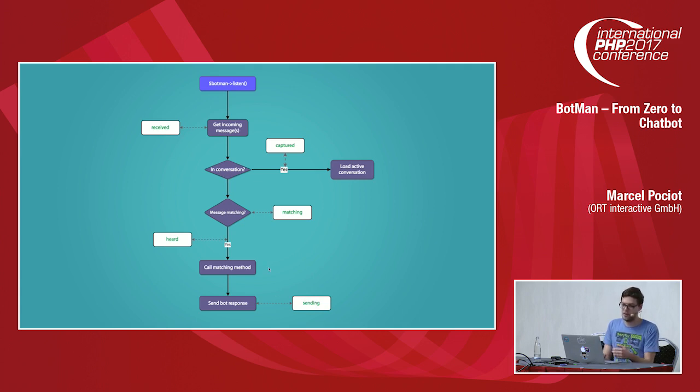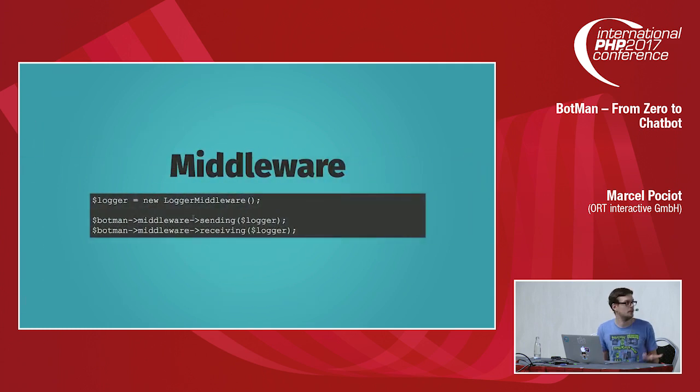You can change the way that messages get matched. For example, you might want your messages only to get matched from some administrators, so you would create your own matching middleware. So it's very flexible if you want to extend on it. And, well, this is just an example of the logger middleware I just talked about, that you can just apply to the sending and receiving middlewares.